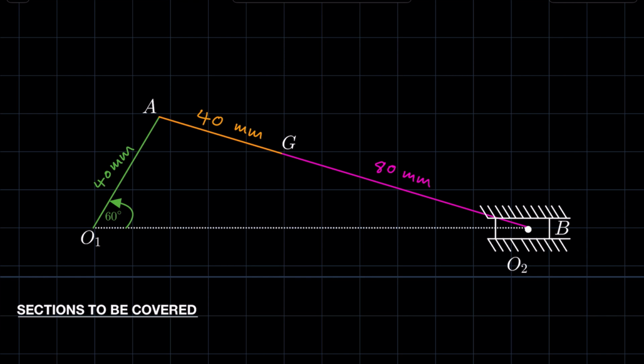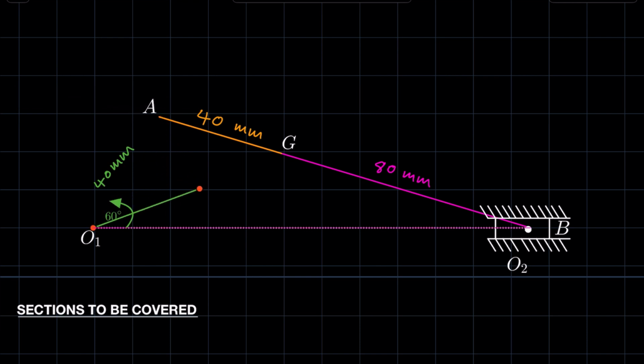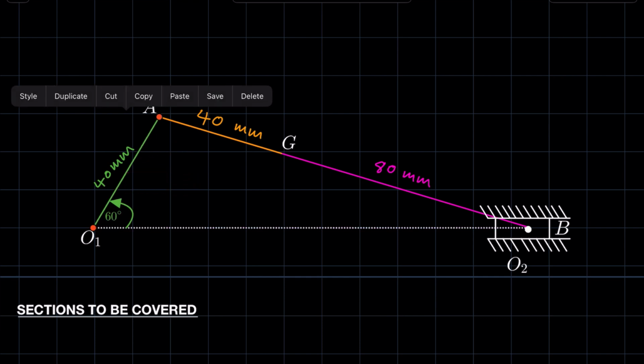So essentially, how does OA rotating influence AB? Now, say the crank is going to rotate clockwise. How does this rotating clockwise influence our connecting rod?